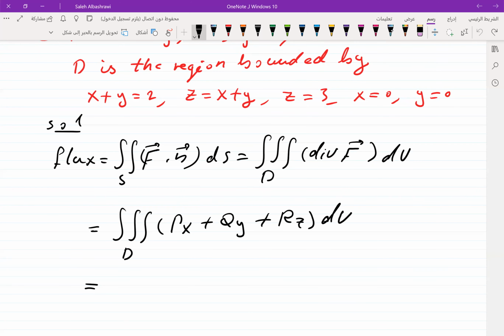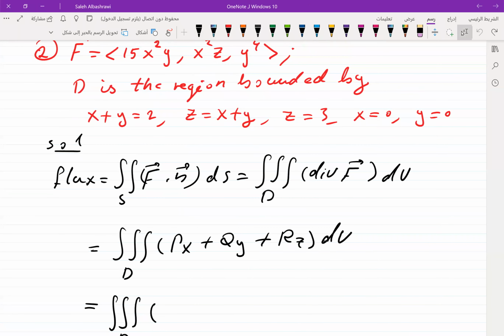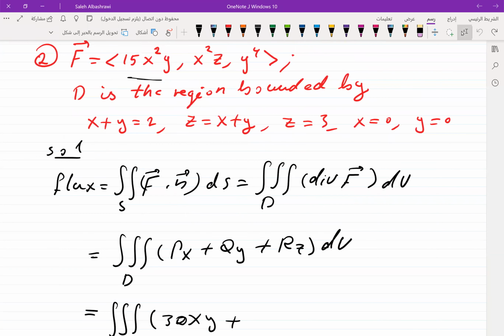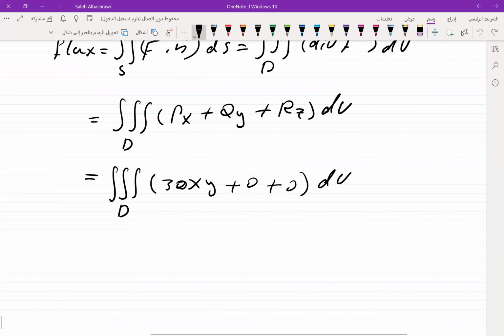Differentiating the first component with respect to x gives 30xy, plus with respect to y, the second one gives 0. There's no y in the second component. The third component with respect to z will also be 0. So I have 30xy dV.